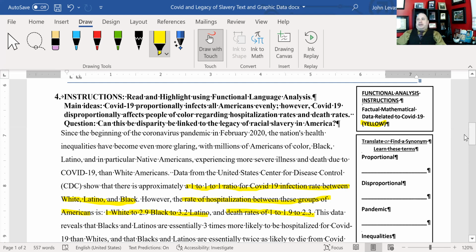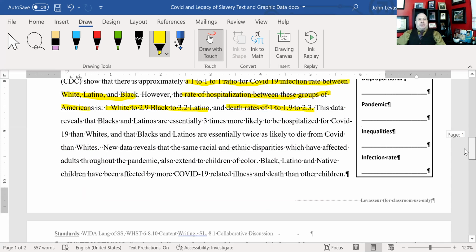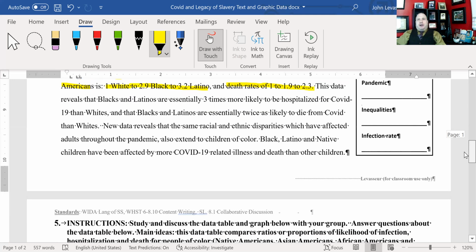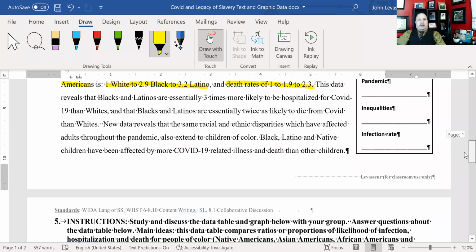This data reveals that Blacks and Latinos are essentially 3 times more likely to be hospitalized for COVID-19 than whites, and that Blacks and Latinos are essentially twice as likely to die from COVID-19 than whites. And I'm going to highlight that because that's mathematical facts.